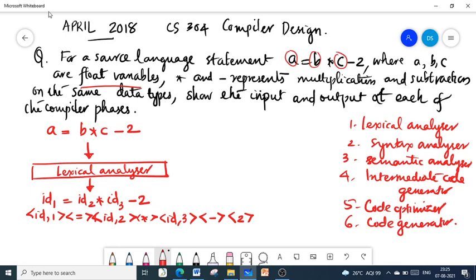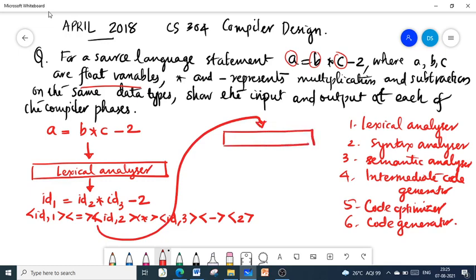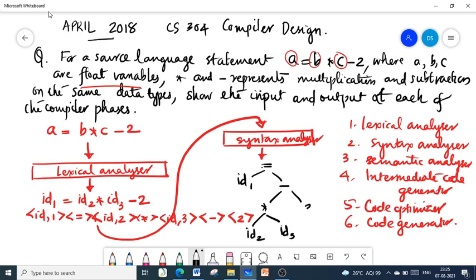This will be given as the input to the next phase, which is known as syntax analyzer. As we all know, syntax analyzer generates a syntax tree. So we will get the output as equal to, id1, then minus, then multiplication, then id2, id3, then 2.